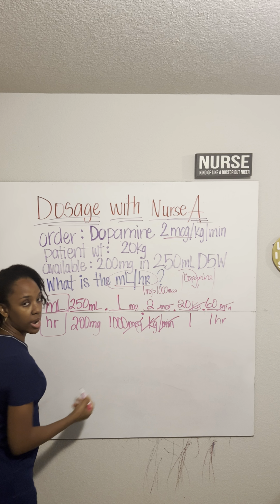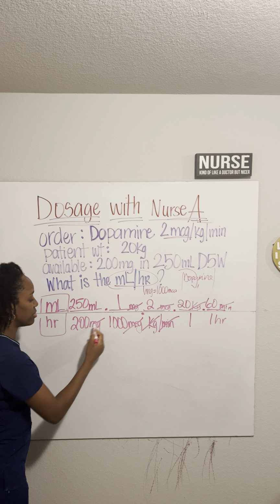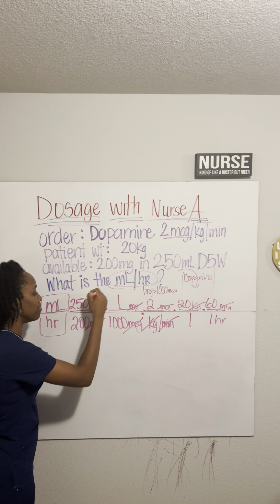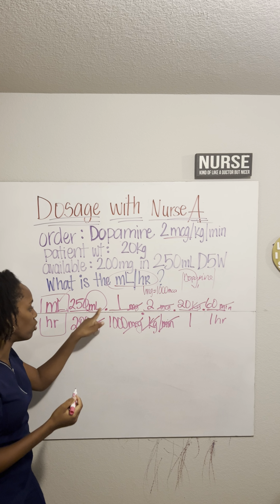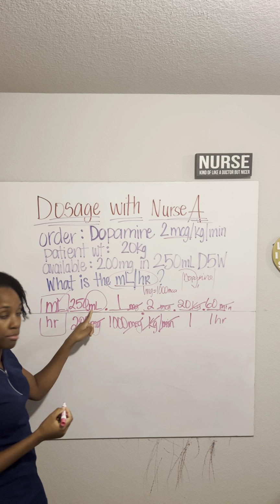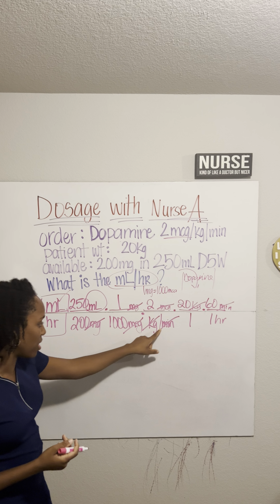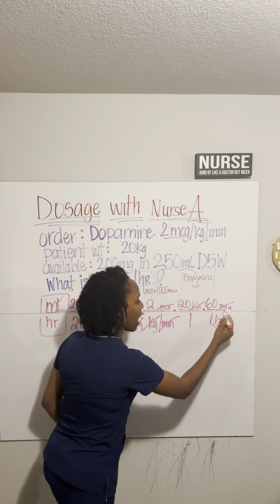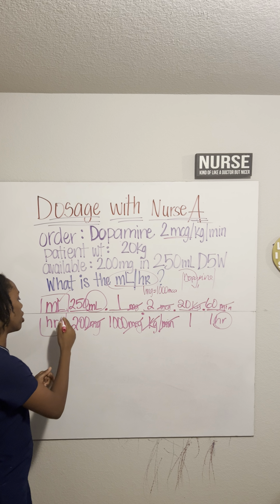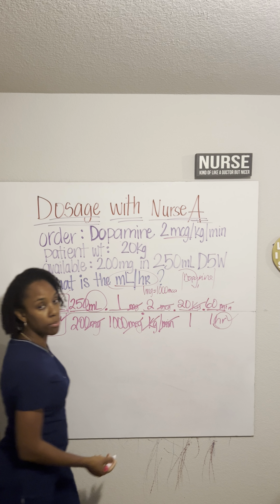Micrograms with micrograms, milligrams with milligrams. Now we're left with milliliters on top. That's the only thing that we have left on top, milliliters. On the bottom, we need to have hours. So let's see what we have left. We only have hours left. So that lets us know that we are now safe to solve our problem.